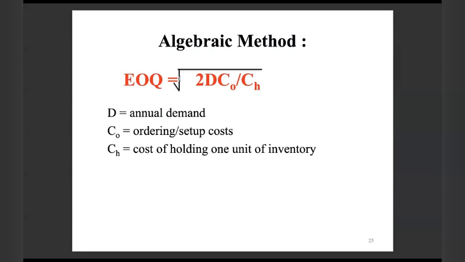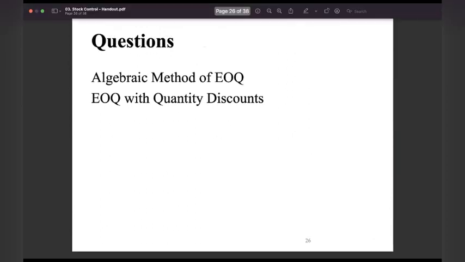Then take the square root of the whole equation after substituting the values. You need to remember this equation, it's a must. This will be tested in the examination as well. Now let's go to our tute and do the questions.